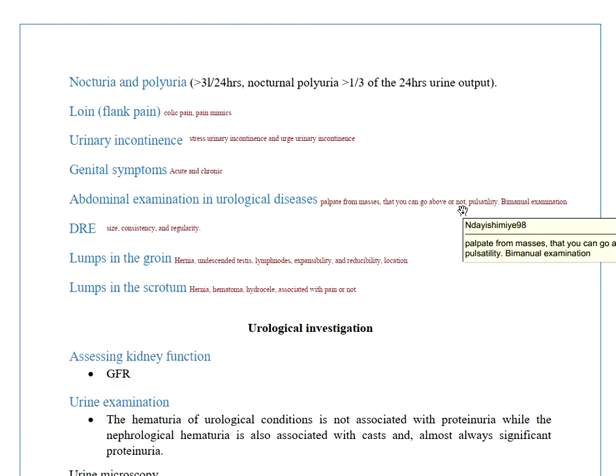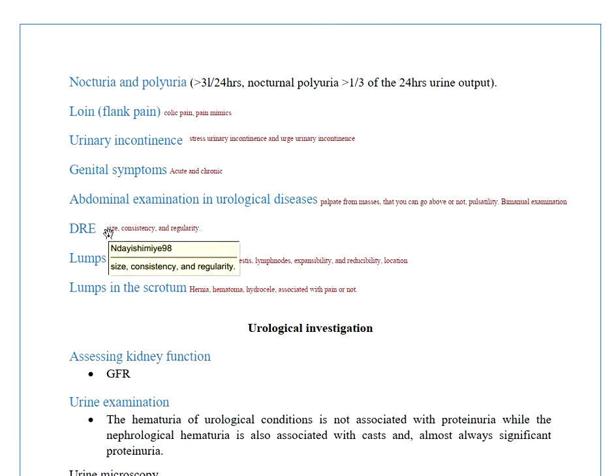The other preliminary investigation that needs to be done in a urological patient is digital rectal examination. In digital rectal examination, you need to look for consistency, size, and also regularity of the prostate gland, because when the prostate gland is irregular, it may tell you that this is not benign, it may be a malignant tumor.